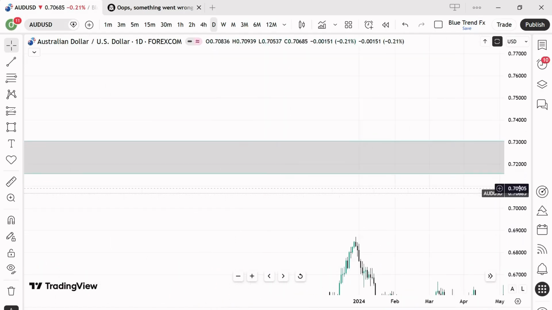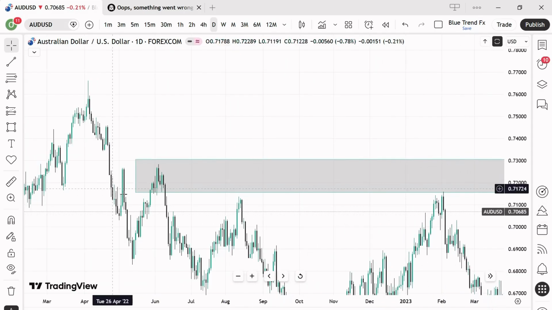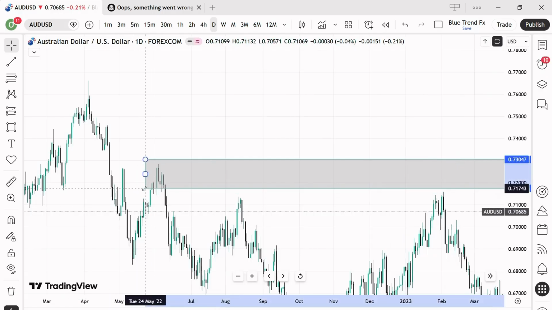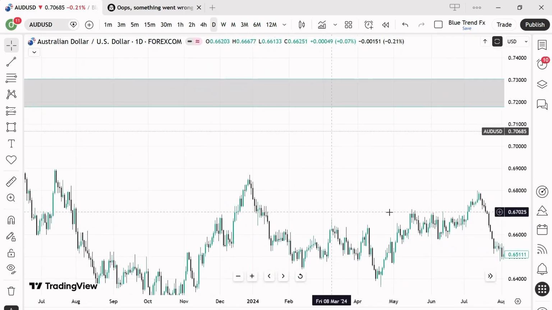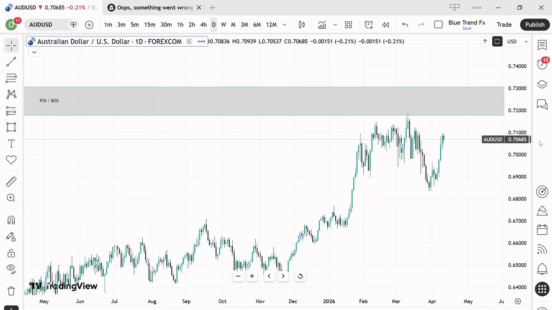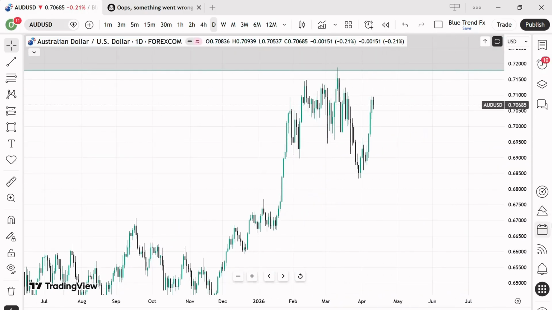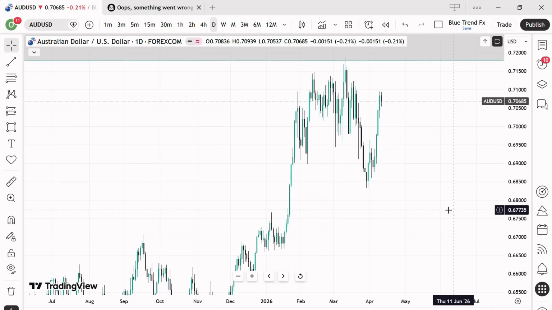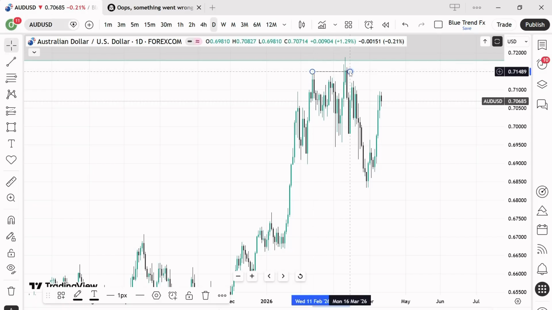So looking at daily, this is it. The supply region is right here. Okay, that is where we have the supply region, guys. So let's see what we have on AUD USD. Last break of structure happened right here.